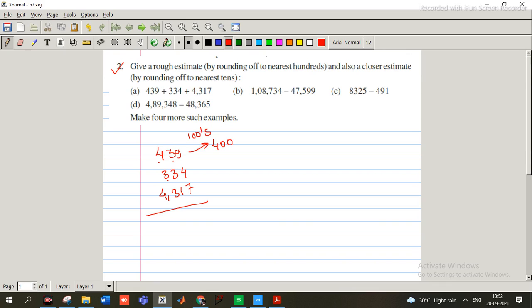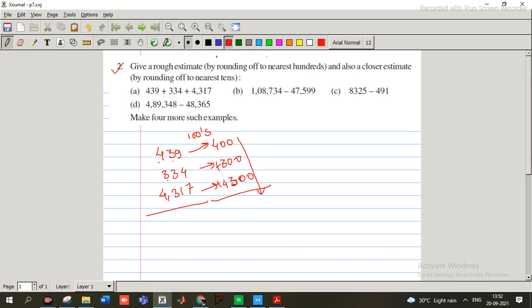It's 334 which is less than 350, so I'll write it as 300. It's 4317 which is less than 4500, so I'll write it as 4000 only. Sorry, we are approximating to the nearest 100, so I'll take it as 300 in this way. And once you add it, you will get the answer.